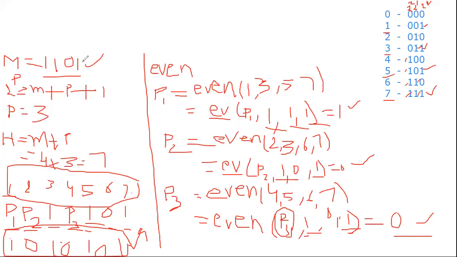Here 4 message bits are given: M is equal to 1101. For these message bits, we get the Hamming code 1010101. Remember this Hamming code is 1010101.